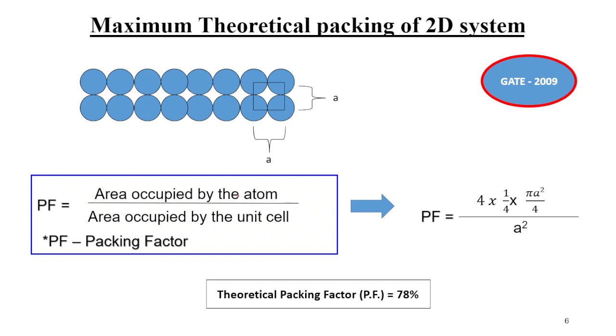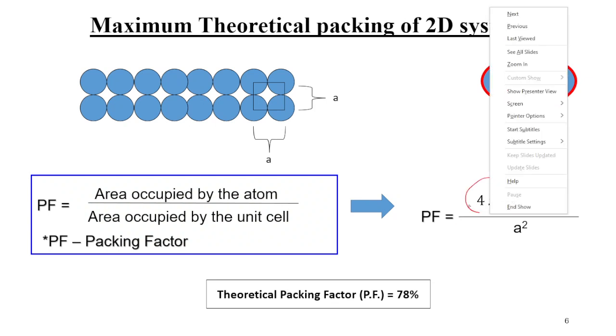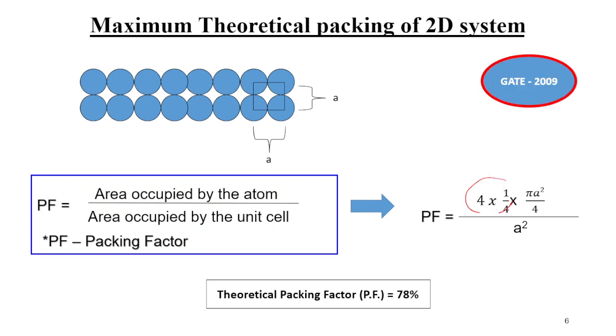So what is the area occupied by the atom? It is nothing but the number of atoms in a particular unit cell, then the area of the atom, and then the area of the whole unit cell.